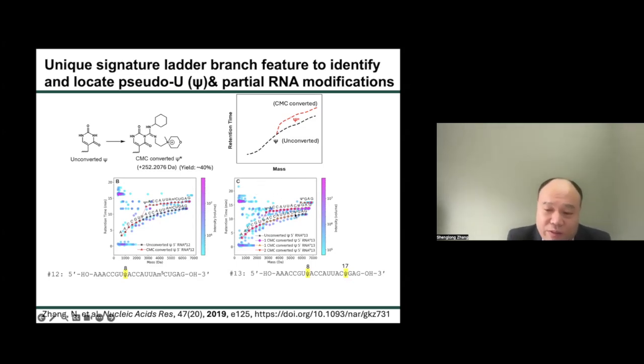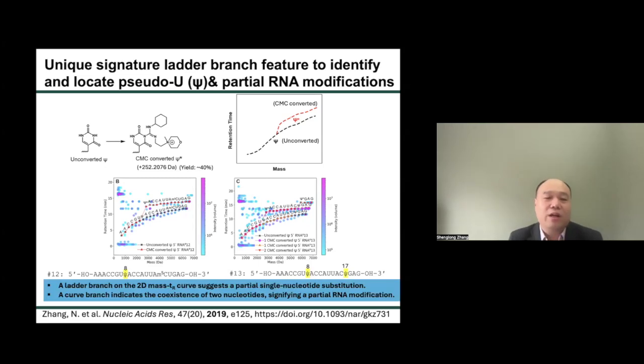This branch feature actually is very significant because a branch in this 2D mass and retention time curve suggests a partial single nucleotide substitution.